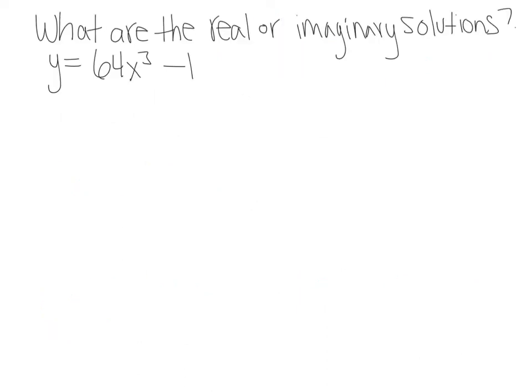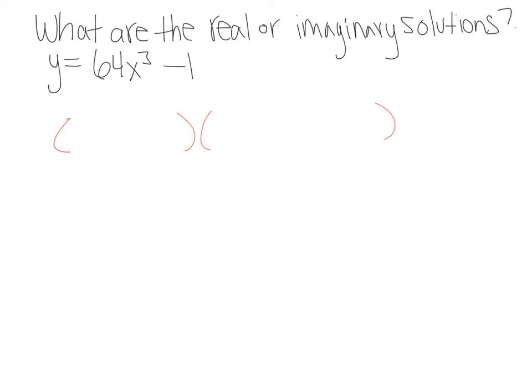Okay, next I'm looking for the real or imaginary solutions for y equals 64x to the third minus 1. So this is where we're taking our equation, our friends here, on a roller coaster ride. This is where we're going to end up with a binomial and a trinomial. You can either memorize the formula for this, or you can think of the roller coaster ride.